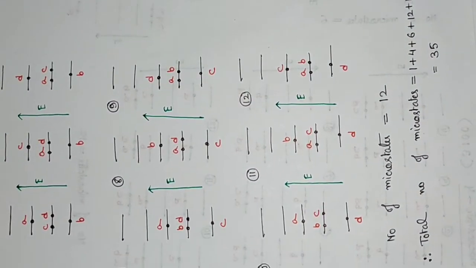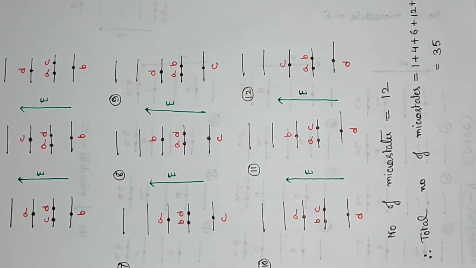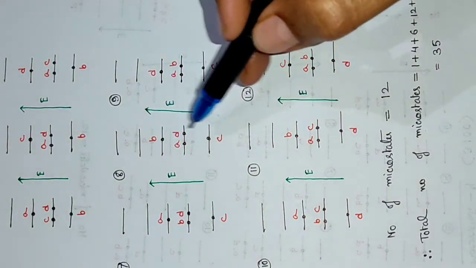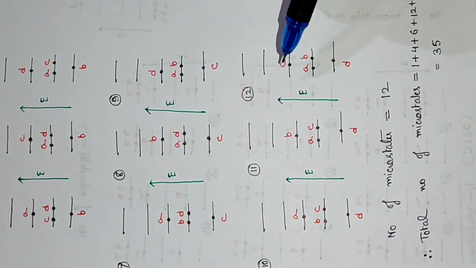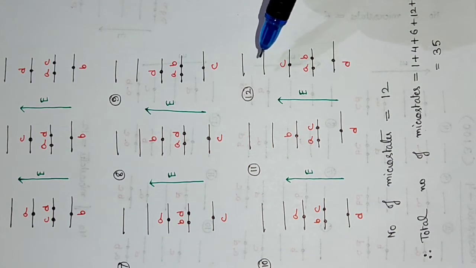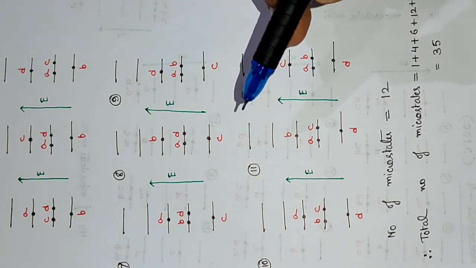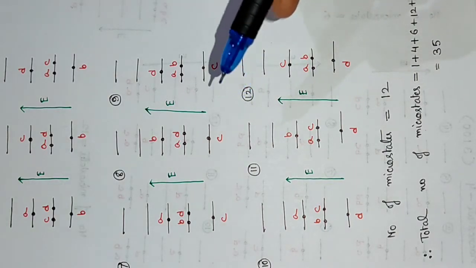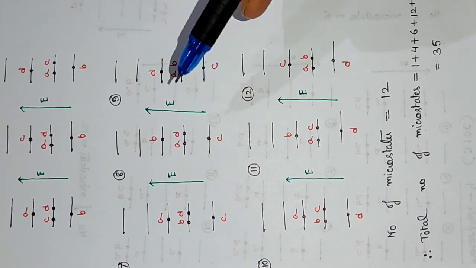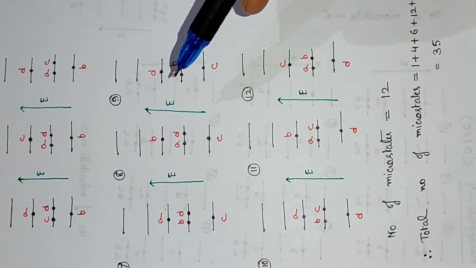Now each microstate is equally probable. The probability of getting this microstate is exactly equal to the probability of getting this microstate. And this is also relevant and true for microstates corresponding to any other macrostate.